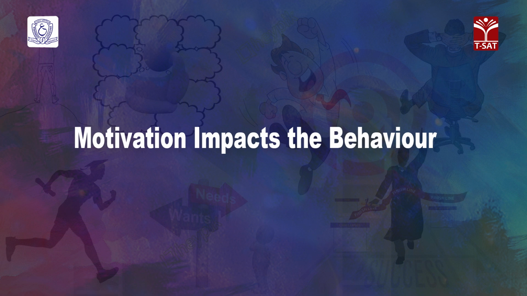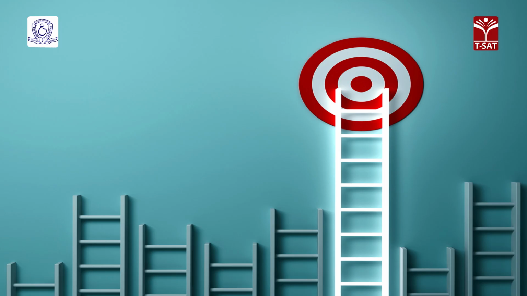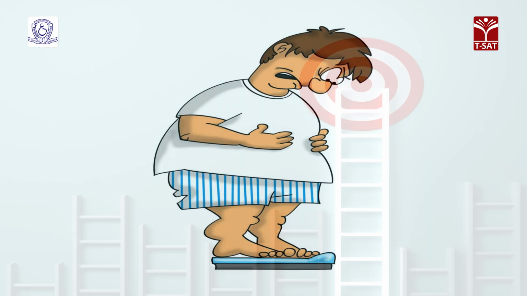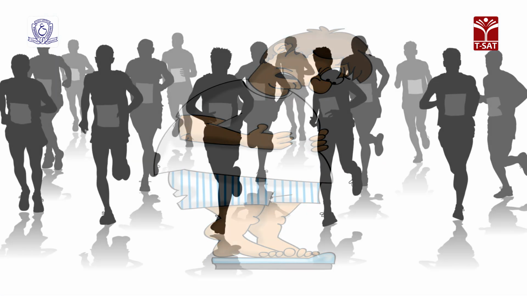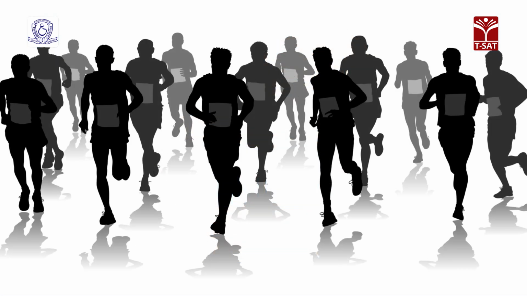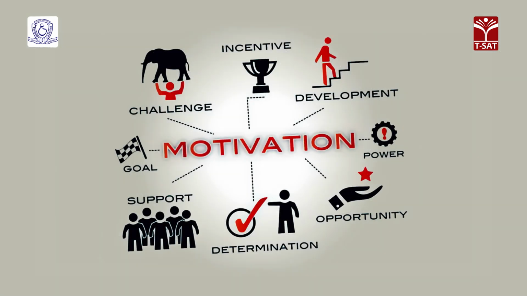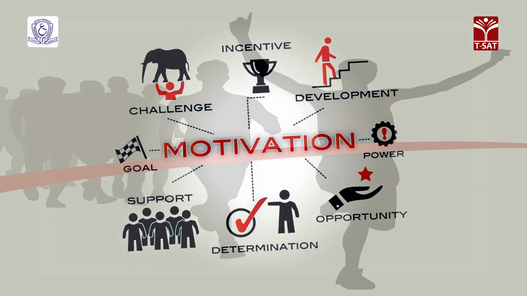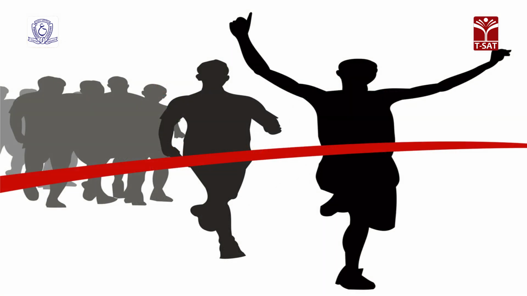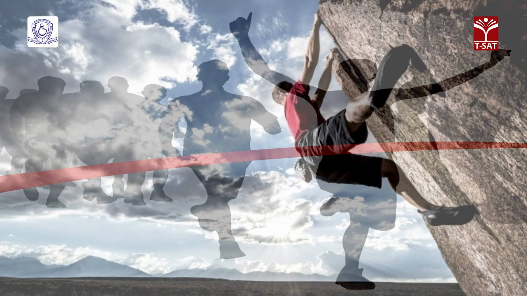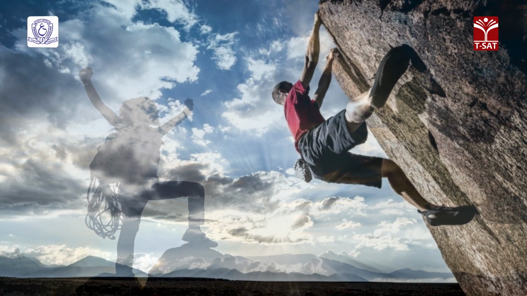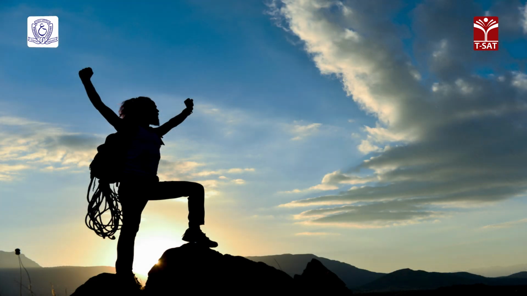Now, let us see how motivation impacts the behavior. Anyone who has a goal like wanting to lose 20 pounds or run a marathon immediately realizes that simply having the desire to accomplish something is not enough. Achieving such a goal requires the ability to persist through obstacles and endurance to keep going in spite of difficulties.